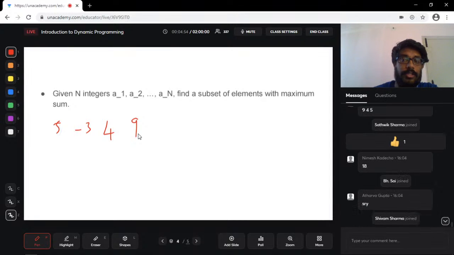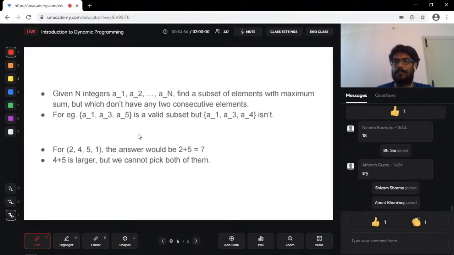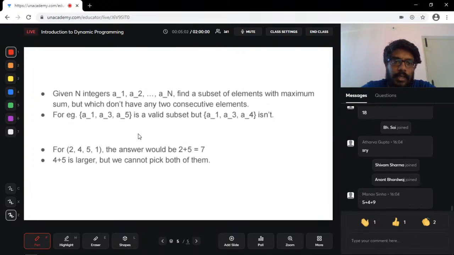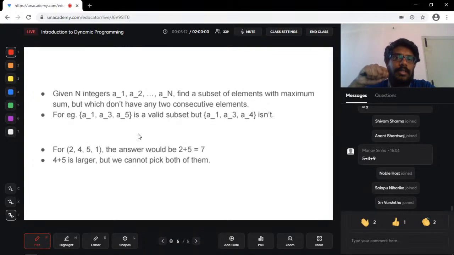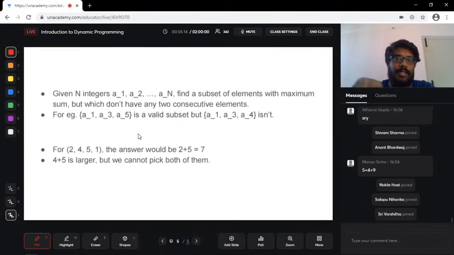Now let's go to the actual problem, which has a slight twist. Now I can't pick any subset. Instead, there's a concept of validity. What does it mean? A subset is valid only if I don't pick two consecutive elements from that set, right?